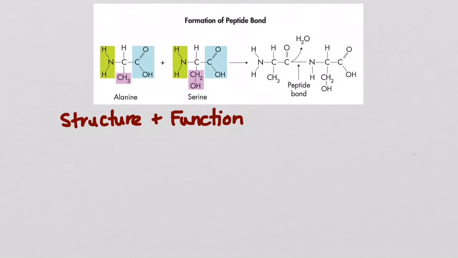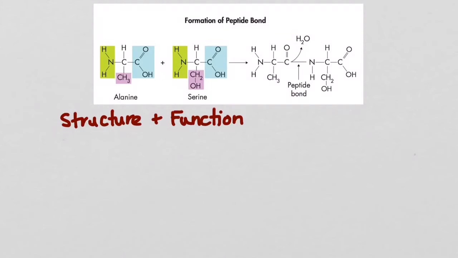Now for some more information about the structure and function of proteins and amino acids. There are more than 20 different amino acids that are found in nature, and as I said, all amino acids are going to be identical in the regions where they're joined together by those covalent bonds, and so they're very uniform, and it allows basically any amino acid to join to another amino acid.